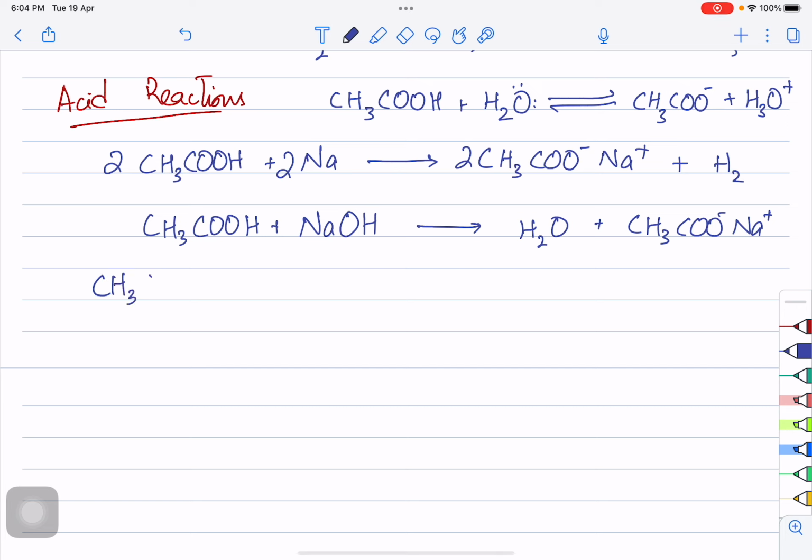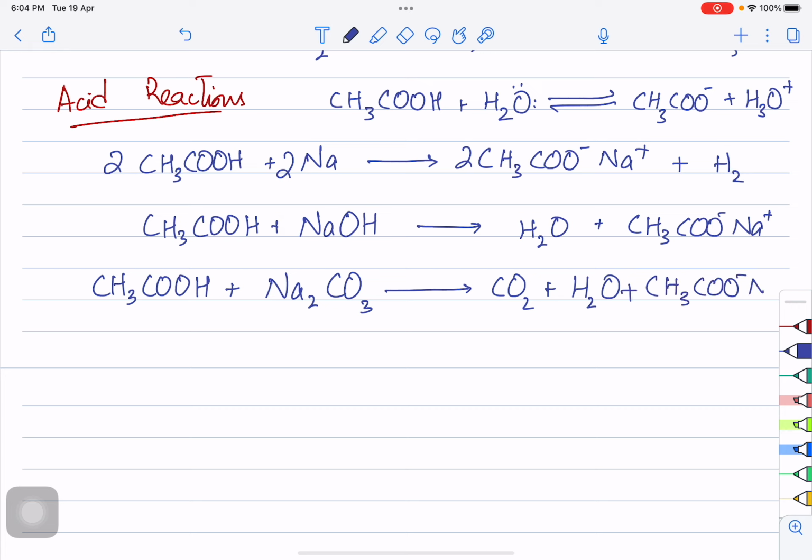So with carbonate like sodium carbonate, this will form carbonic acid. That carbonic acid will break down, giving us carbon dioxide, water, and of course sodium ethanoate. So again, that's just an example, but it goes on to show कि reaction किस तरह से हो रहा है.